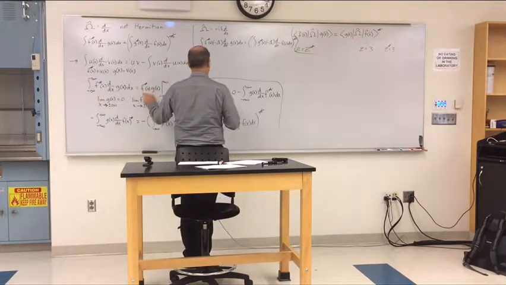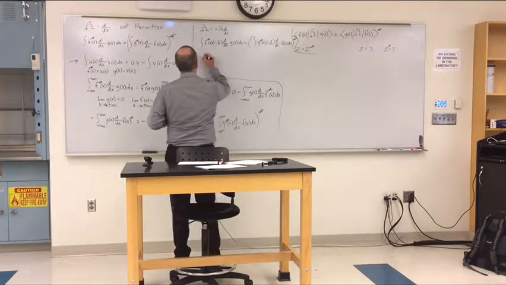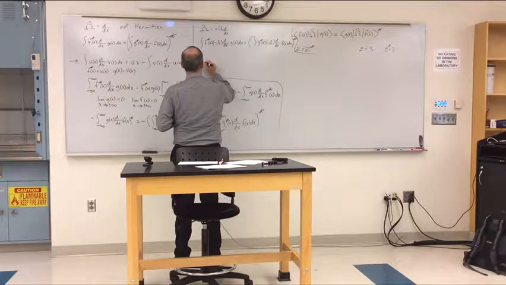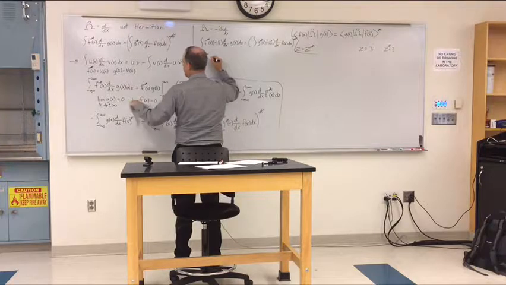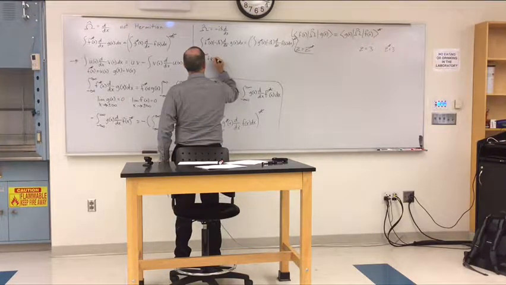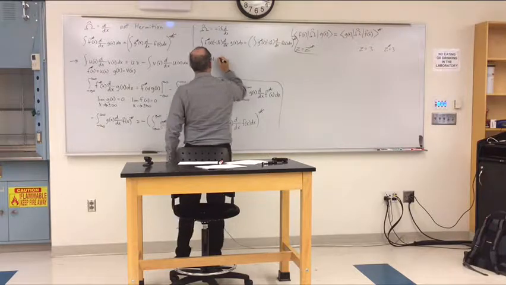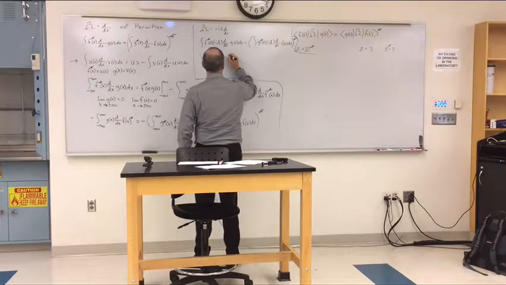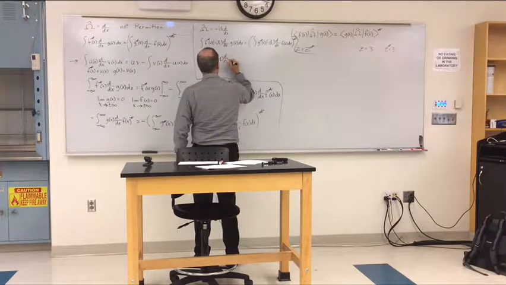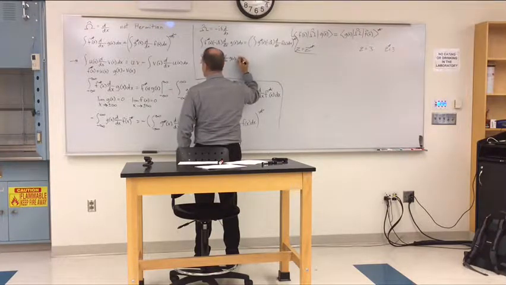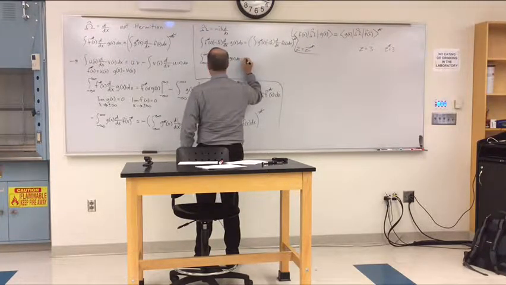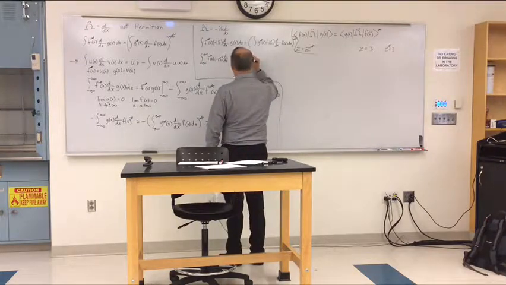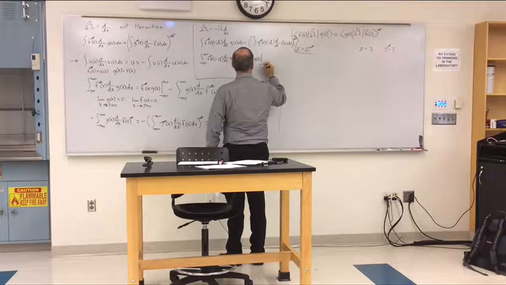So skipping down to the equivalent of this line, we get the integral from negative infinity to infinity of f star of x, negative i h bar d/dx g of x dx, is equal to, again, f star of x g of x from negative infinity to infinity.